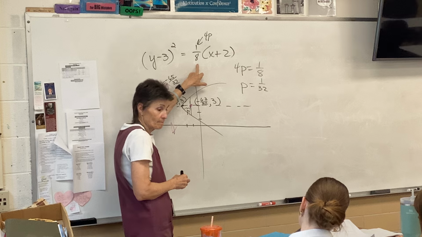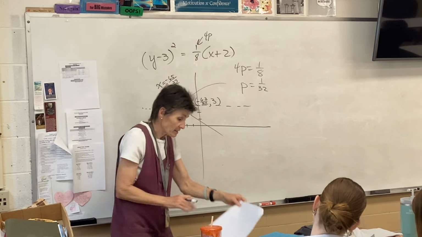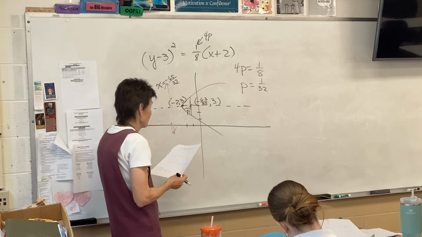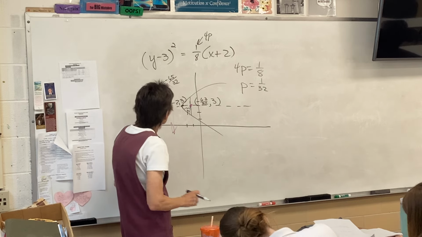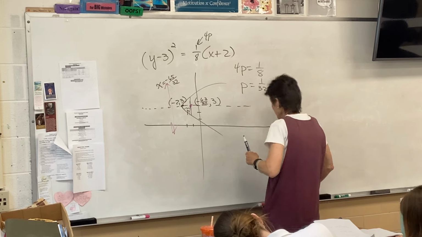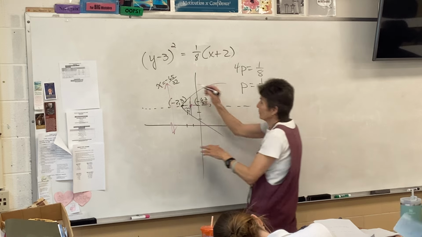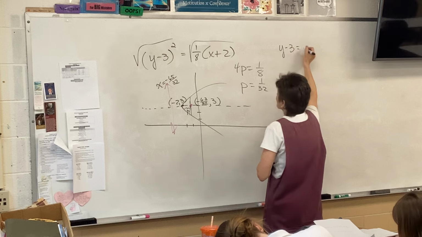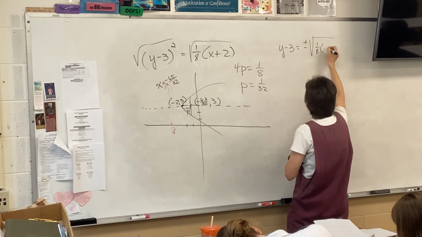Everybody okay? All right, let's take this equation that we just used, and let's find the implicit functions for it, and then we'll graph it on our calculator. So what are we gonna do to this guy right here? Square root it. So y minus 3 equals plus or minus the square root of 1/8 (x plus 2).